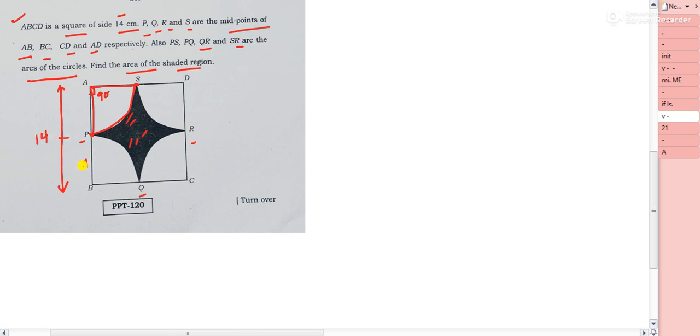So this becomes 7, 7, 7, 7, 7. Everywhere it is 7, right? So to find the area of the shaded region, I can write it here. Area of shaded region is equal to area of square, correct?